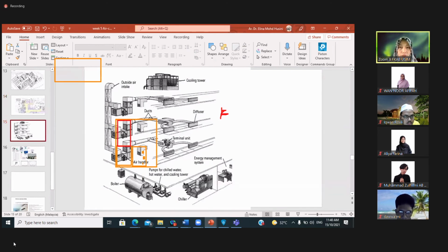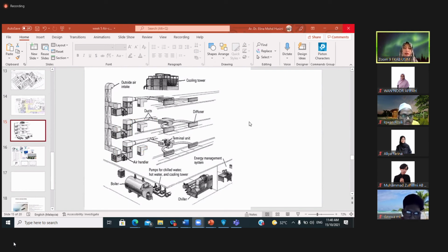Okay, this one. Okay, all drawing. This is the component. I just want you to understand apa komponen dia. Air handler. Ni semua dalam AHU. So bila you decide to have a central unit, you will have a space.